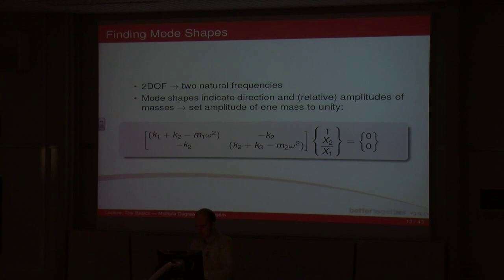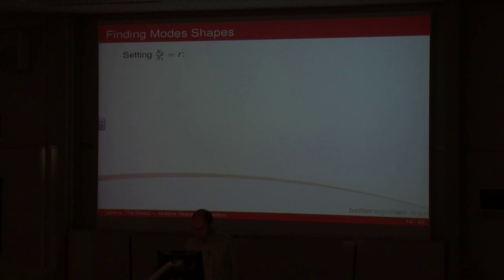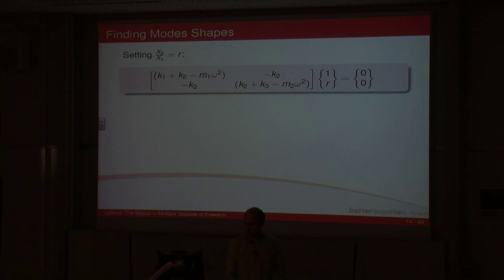And what we do is replace x1 and x2 with r, just to simplify things. So there's our equation. You take your omega 1 that we found using the quadratic formula and you plug it into the equation. You stick your omega 1 in there and solve it. In fact, you've got two equations you could solve it with, but there's only one unknown.